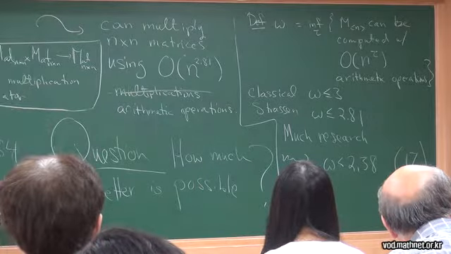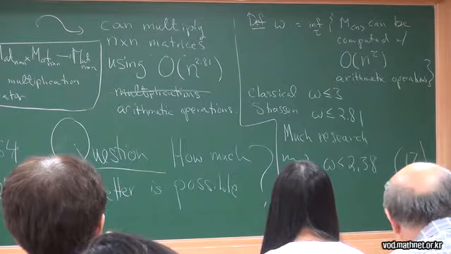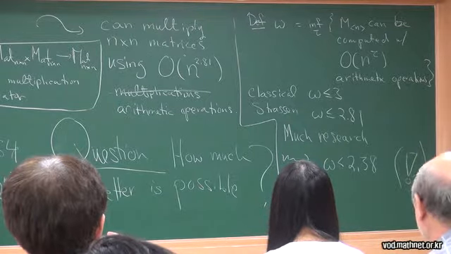So asymptotically, it's much easier to multiply matrices than we might have thought.